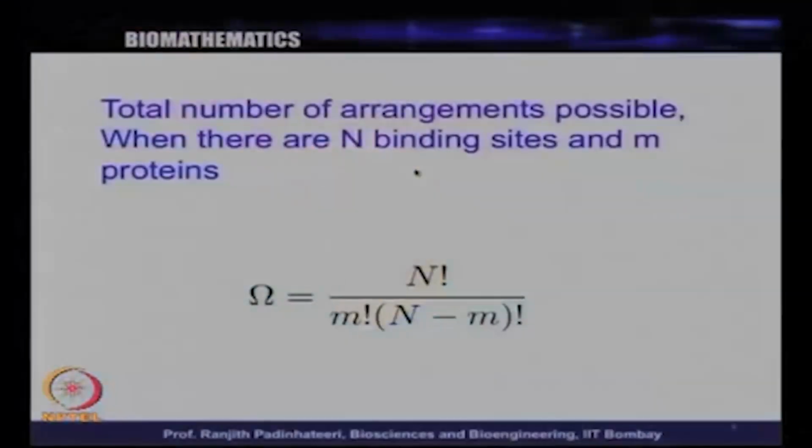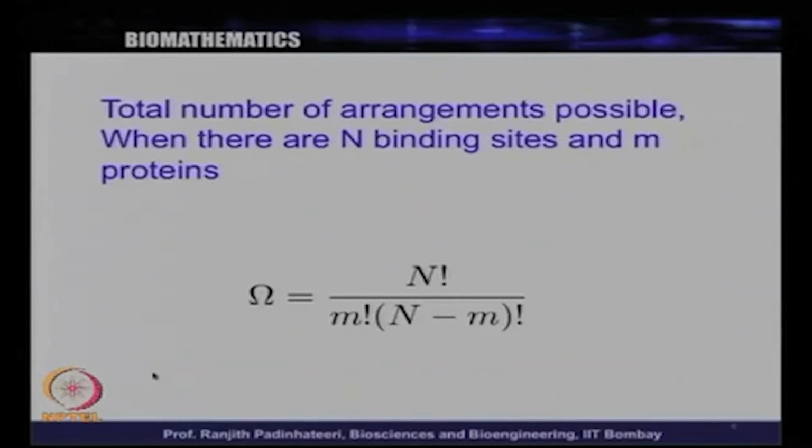So, here is the total number of arrangements possible when there are n binding sites and m proteins bound. So, if you want m proteins to bind, so m bound proteins is what I mean here, then this many arrangements are possible.